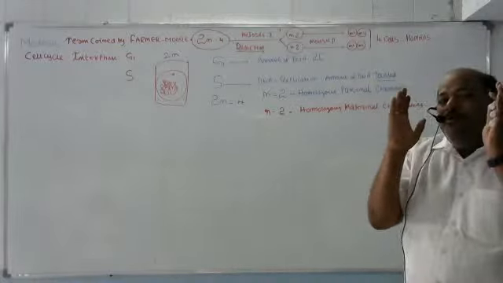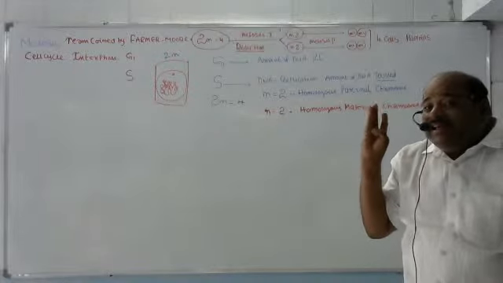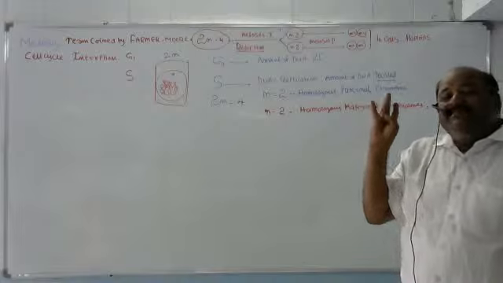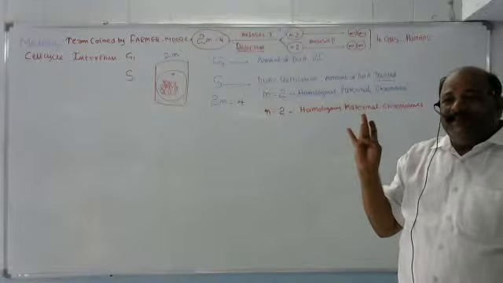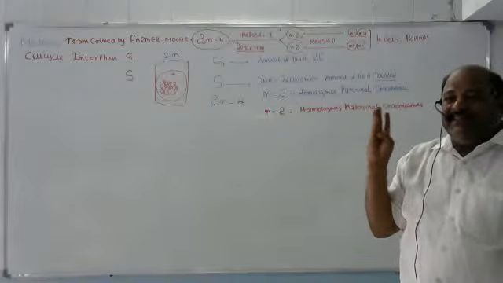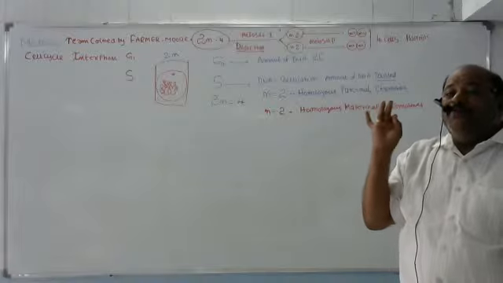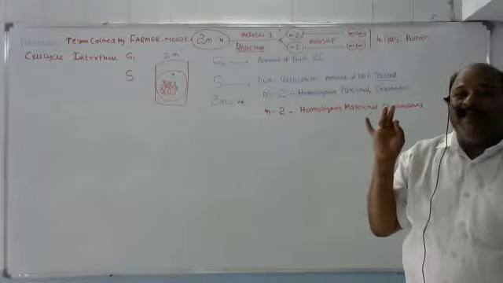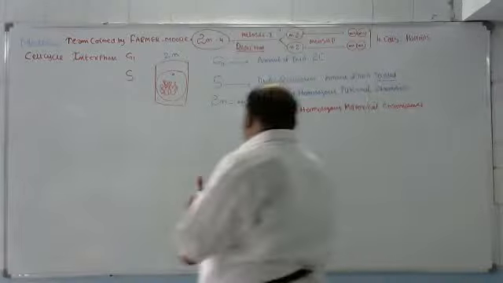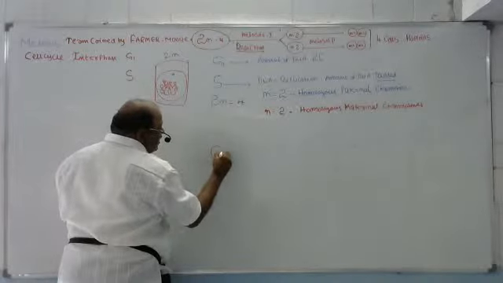Homologous chromosomes means the chromosomes which are similar in their size, similar in their length, similar in their shape, similar in their position of the centromere. Look at here. We know this is the chromosomal structure.